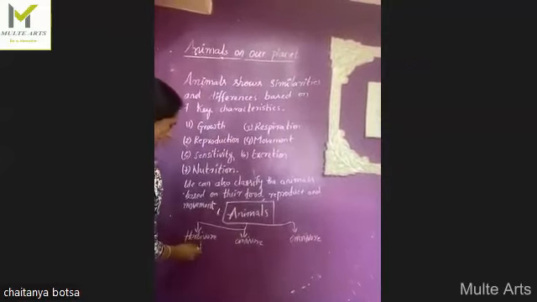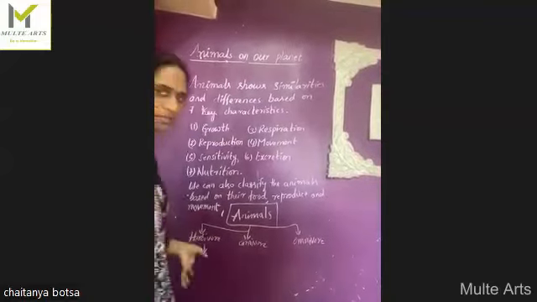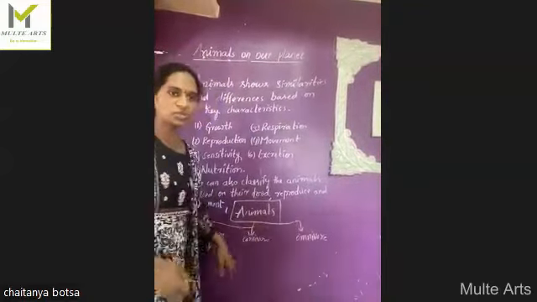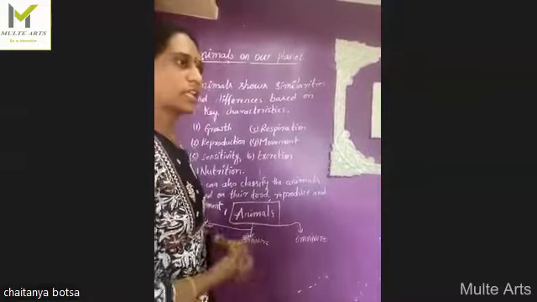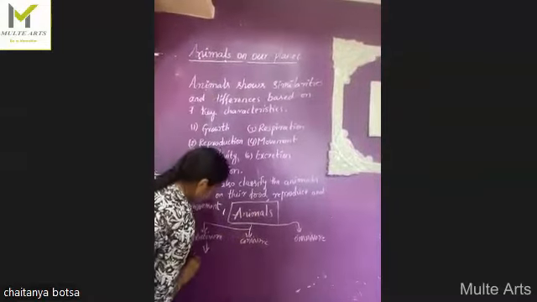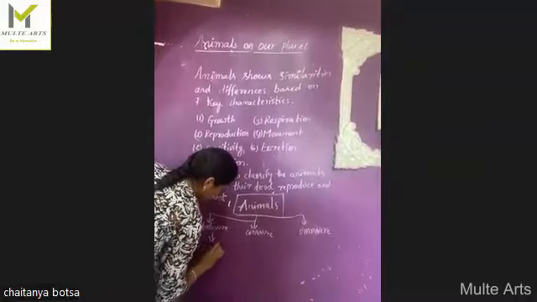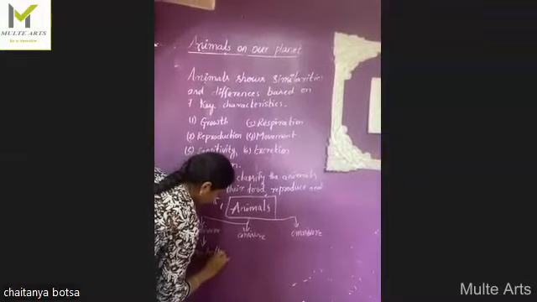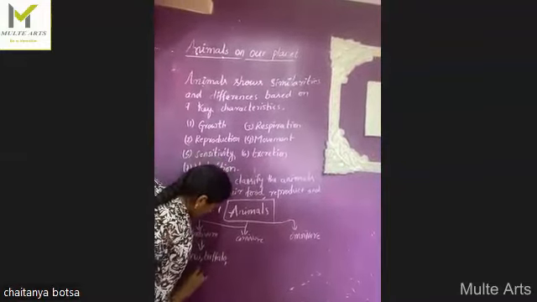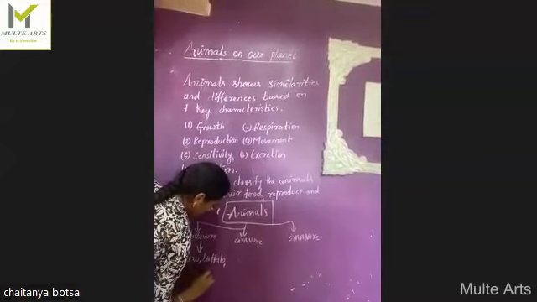The herbivore, we already learned, is an animal which eats only plants and plant products, like cow, buffalo, sheep. These animals come under the herbivores: cow, buffalo, sheep, goat.